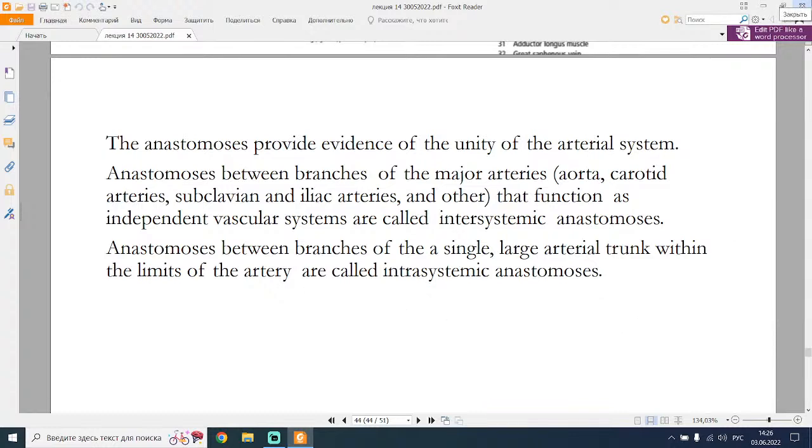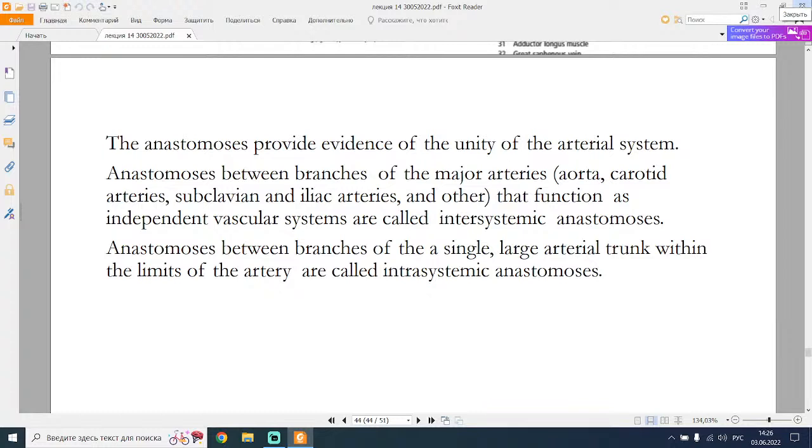The anastomosis of the arteries provide evidence of the unity of the arterial system.